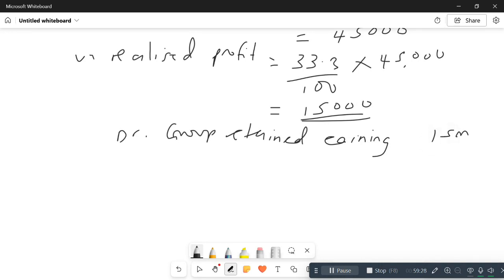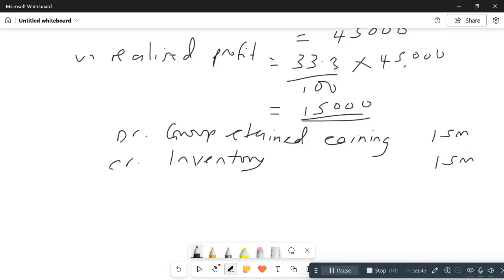And we shall not stop there, we shall also reduce our inventory because it has an element of profit which is not yet realized at the end of the reporting period. So in our balance sheet, we shall remove 15 million from our inventory.